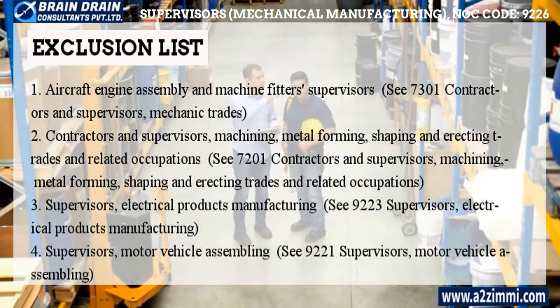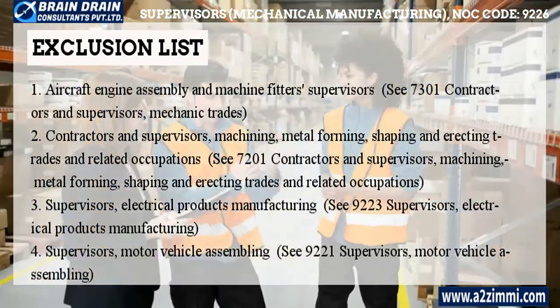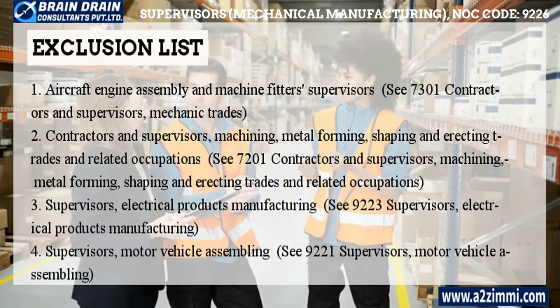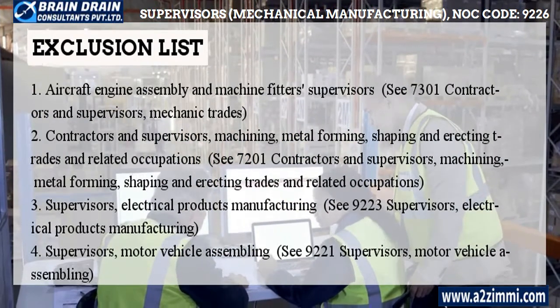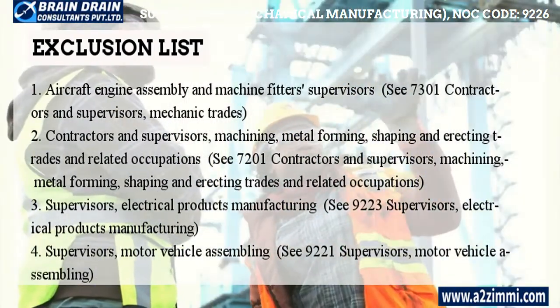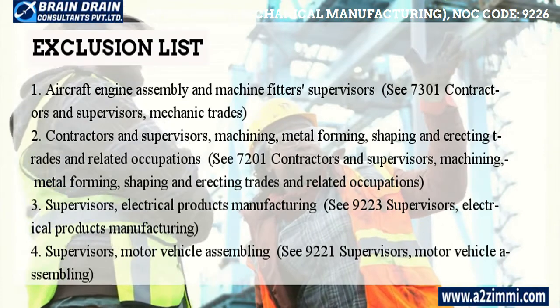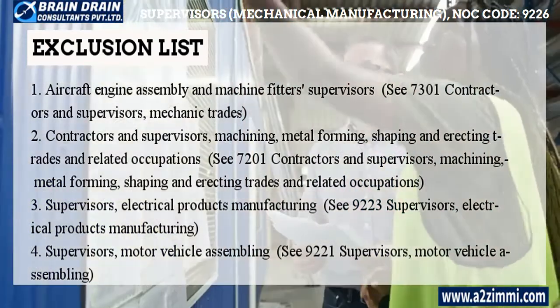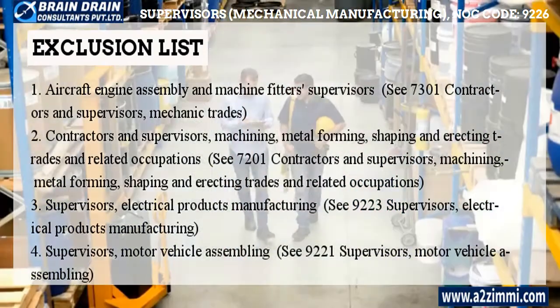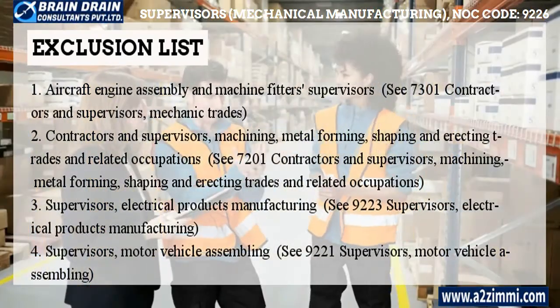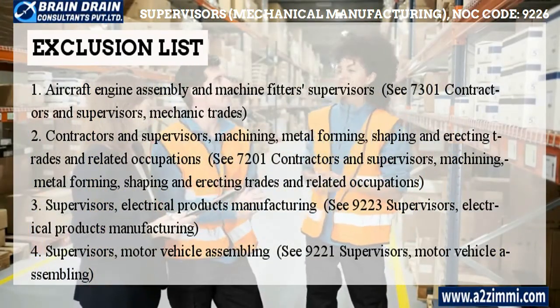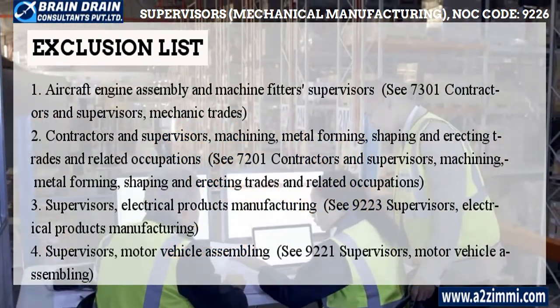Supervisors, electrical products manufacturing, C9223 supervisors, electrical products manufacturing. Supervisors, motor vehicle assembling, C9221 supervisors, motor vehicle assembling. So, this was all about the profile of supervisors, other mechanical and metal products manufacturing with NOC Code 9226.